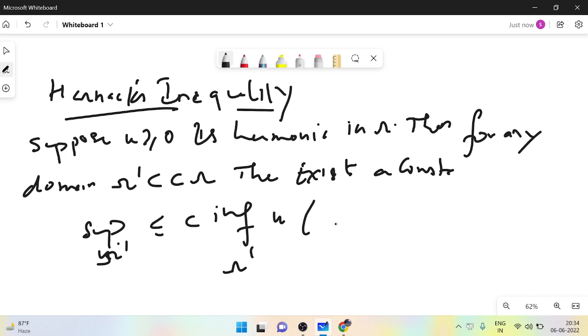This property is satisfied in higher dimensions, but I'll write a simplified version of this inequality in 2 dimensions.